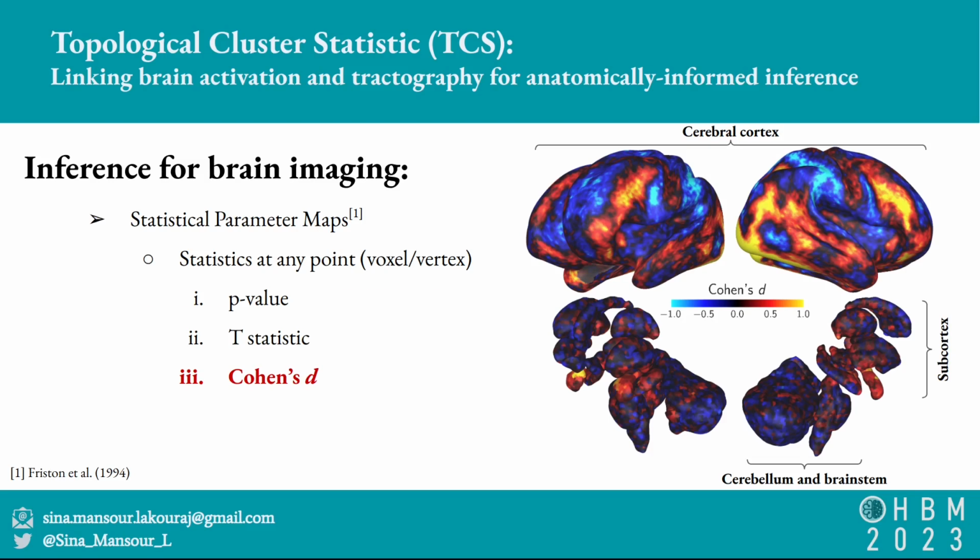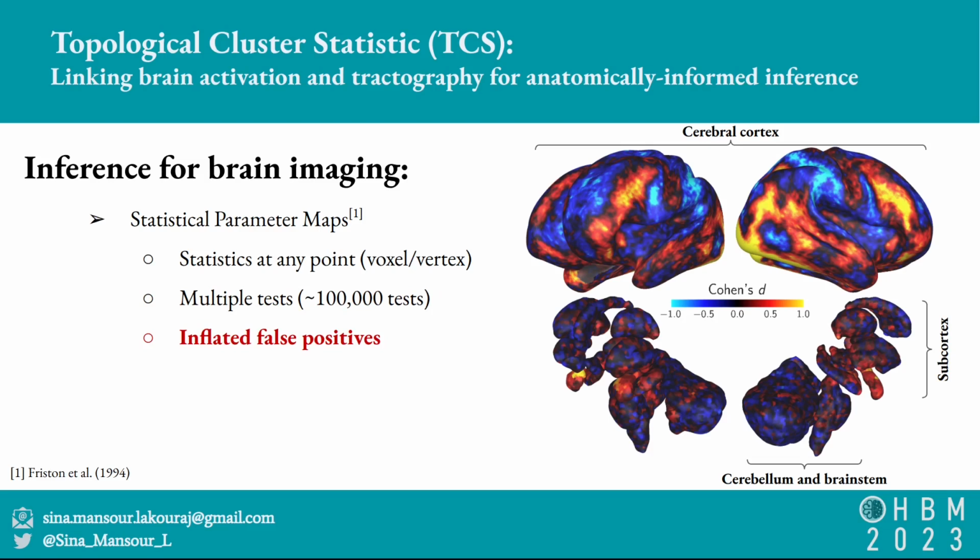Regardless of what statistics we report, the problem at hand is the fact that we are running multiple tests, essentially hundreds of thousands of tests at every single point of the brain. Now this brings about the problem with multiple comparisons, and the fact that if we don't correct for the multiple statistical tests that we are running, we're going to run into the problem of having inflated false positives.